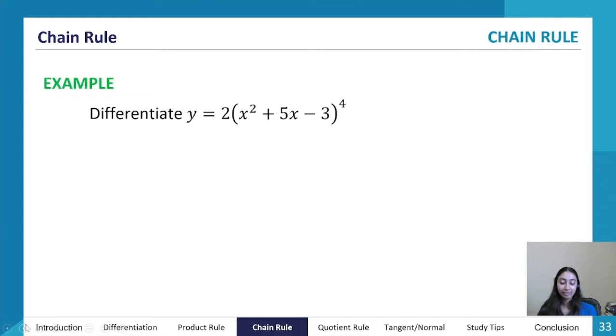Okay, now I have another question for you, which is also the chain rule. So y is equal to 2 times x squared plus 5x minus 3, all to the power of 4. I'm going to give you a minute to do this one on your own because it's a little bit more tricky, but it's actually the exact same thing. So take a sec.